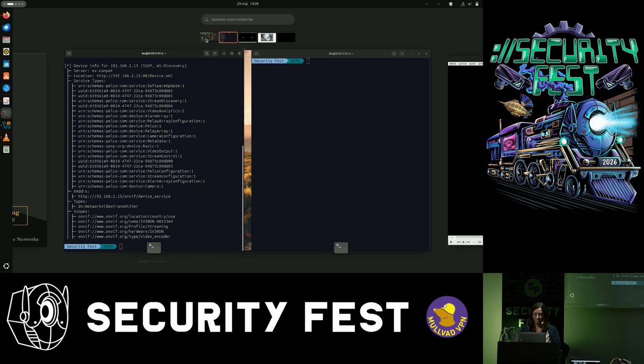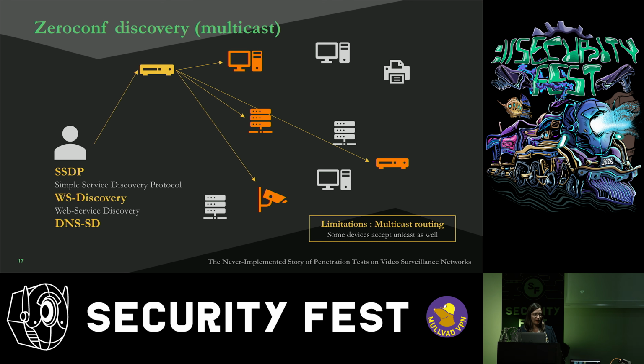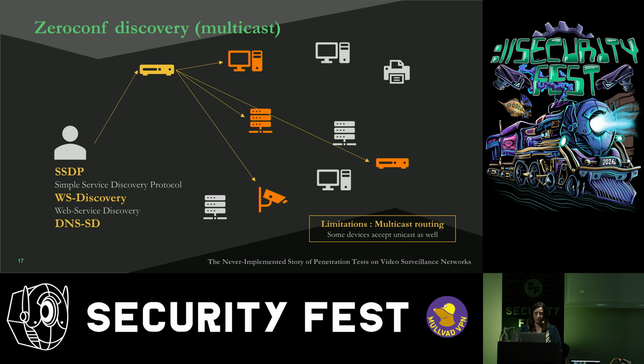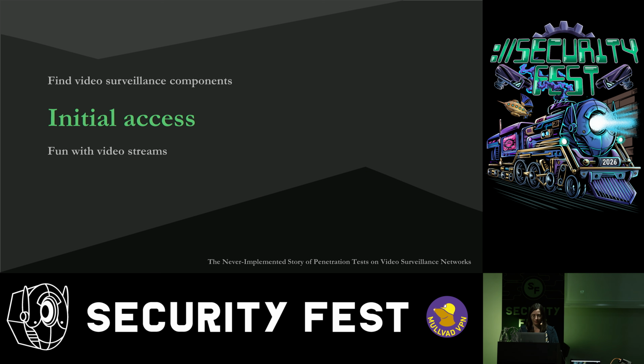So we have already discovered all video surveillance-related components on this small network. It works fine. It has good results during penetration tests. The only quite big limitation can be that it works only if multicast is routed, of course. OK, so that was for the introduction, in a way.